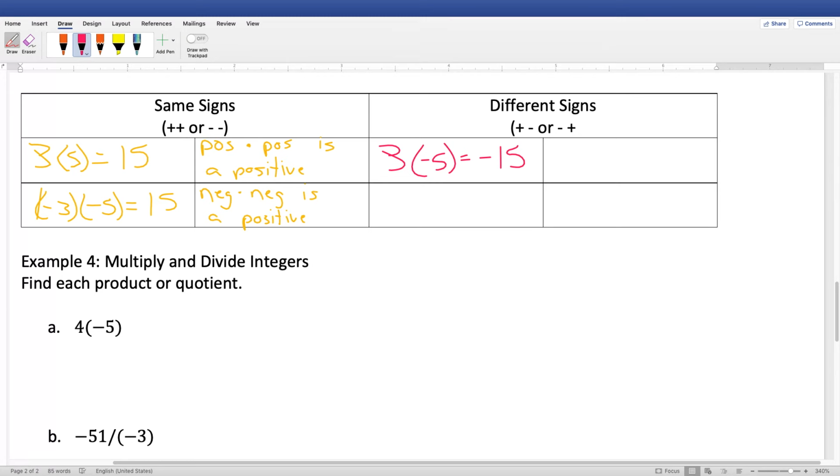What happens if I flip it? What if I make it negative 3 times a positive 5? What is it? Negative 15.